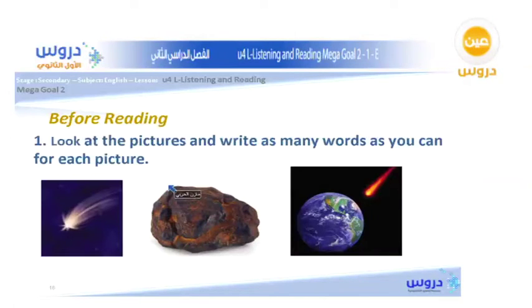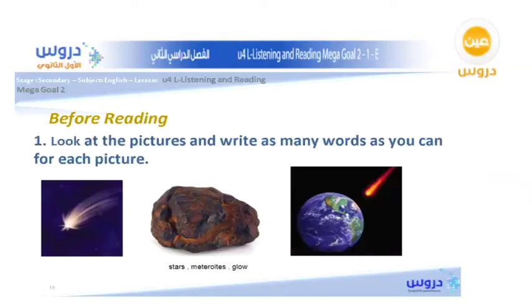So the words that we can think of for those pictures: we can see star, we can see meteorite, stars, meteorites, and also glowing, and planet Earth, also space, and crash.